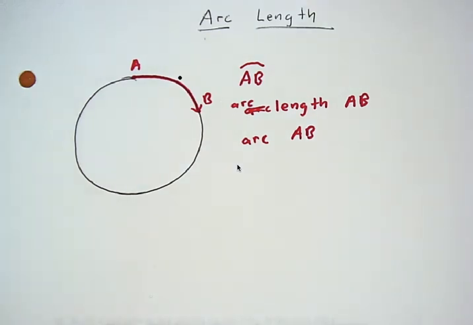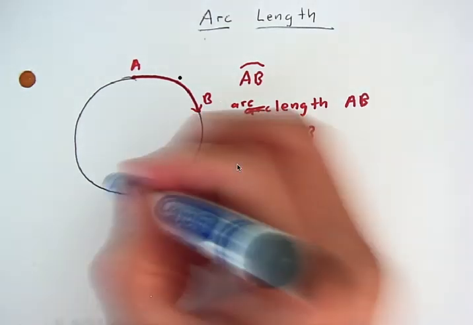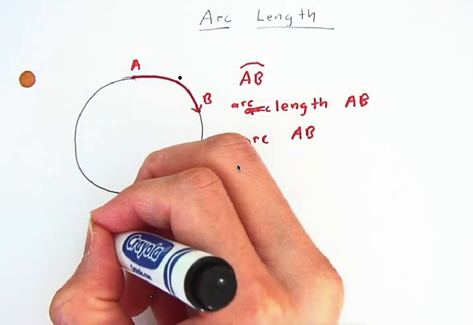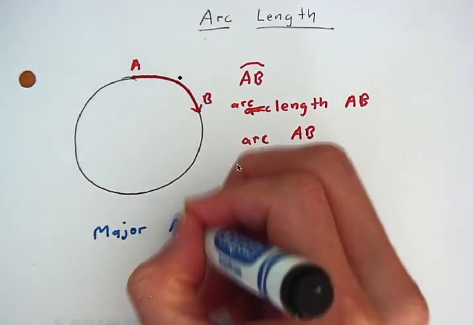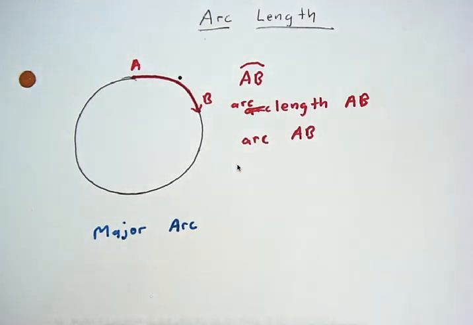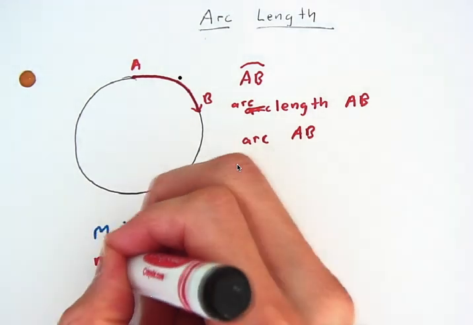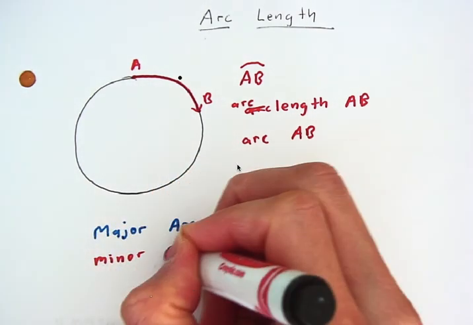Other sorts of vocabulary words. Two vocabulary words I want to go over are the difference between what is a major arc and what is a minor arc.